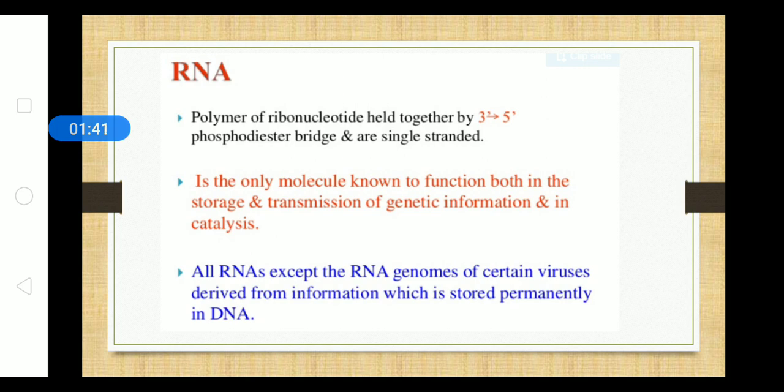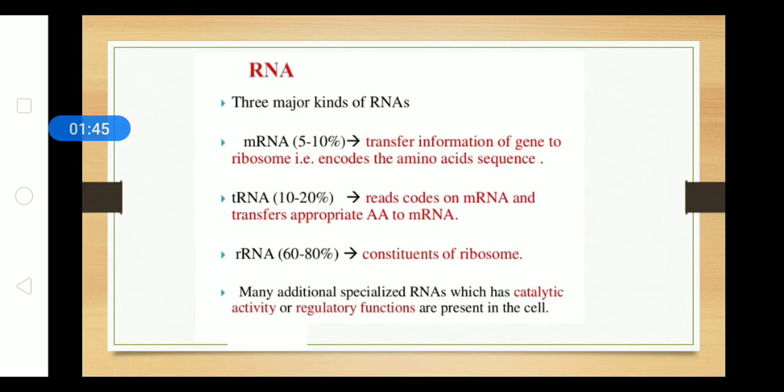strands of DNA. There are several types of RNA, which are basically classified into three types: mRNA, tRNA and rRNA. They are known as messenger RNA, transfer RNA and ribosomal RNA.